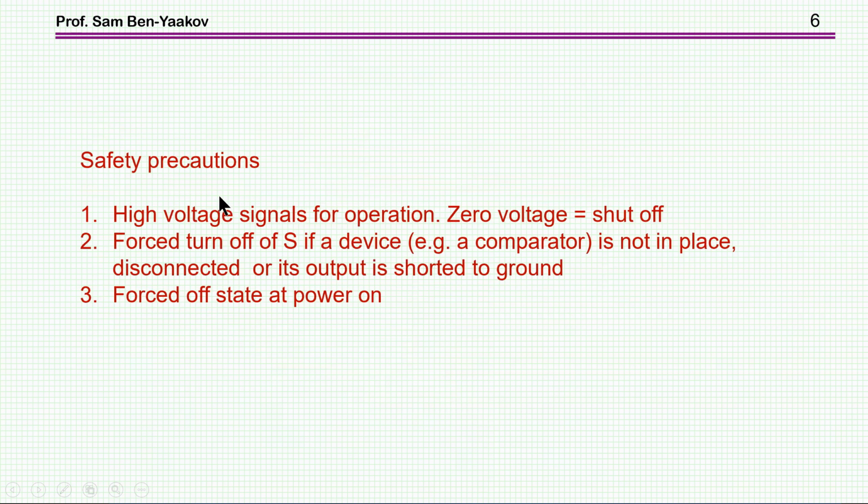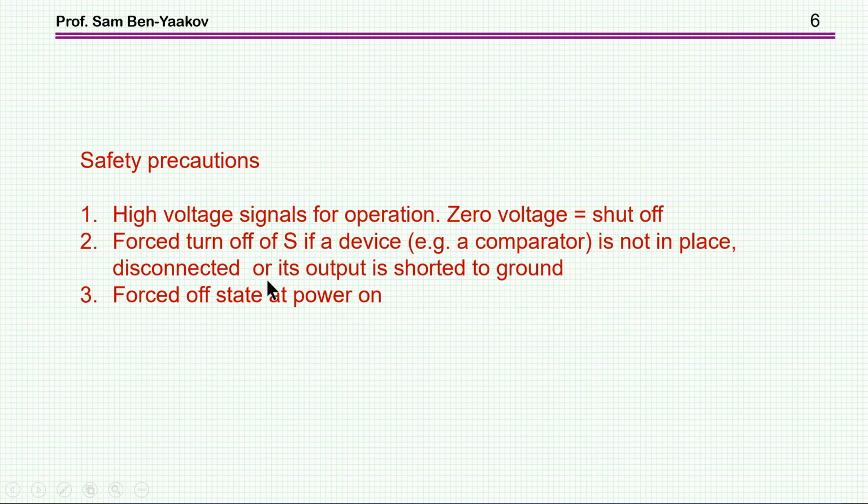Now, there are some safety precautions that have to be taken. We prefer that for operation the signal should be high. That is, when the input is low, the switch should be turned off. Also, if a device, say a comparator, is not in place or is disconnected, or its output is shorted to ground, in all these cases the switch should be turned off.